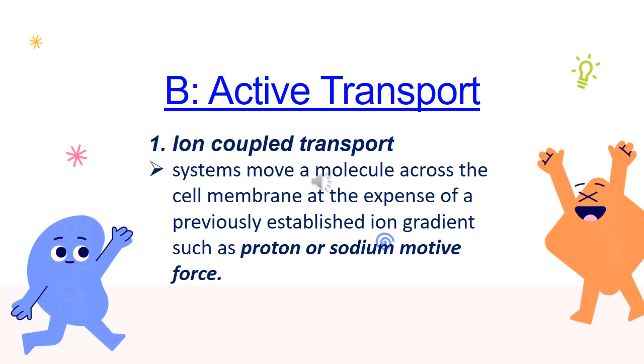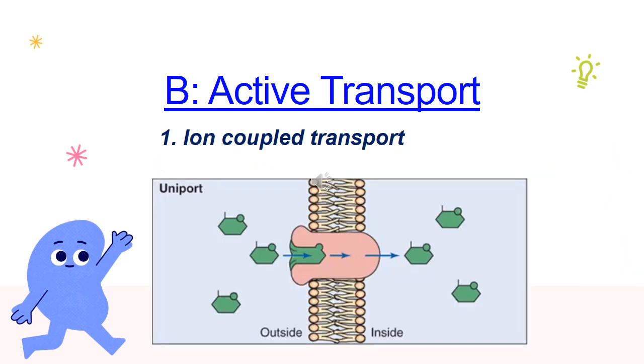So, we have the three types: uniport, symport, and antiport. Sabi ko nga, we have three types of ion-coupled transport. The first one is uniport. Uniporters catalyze the transport of substrate independent of any coupled ion. As you can see, si baby blue, mag-move mamaya siya sa kabila in a uniform direction.